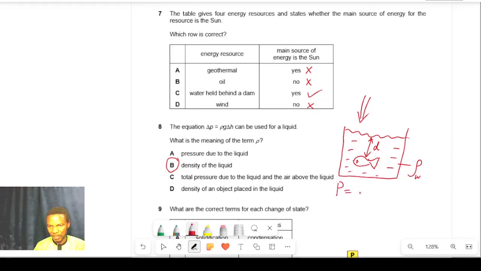So the pressure is equal to density times gravity times the depth. That is how to calculate the pressure under liquid.